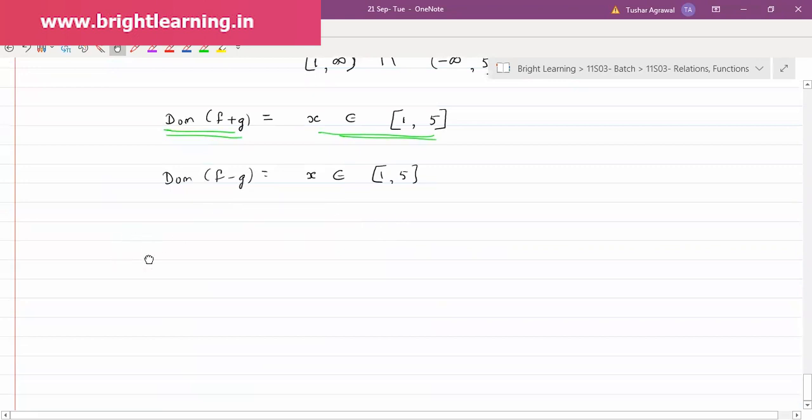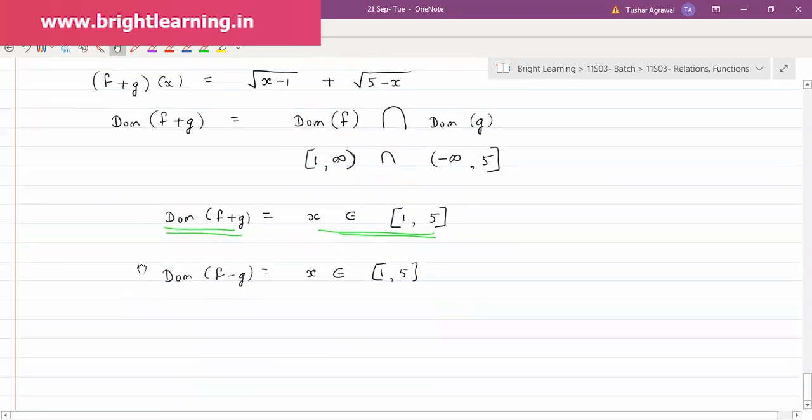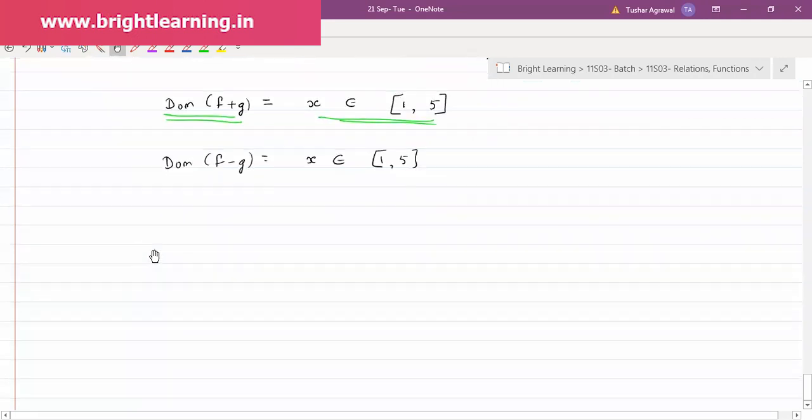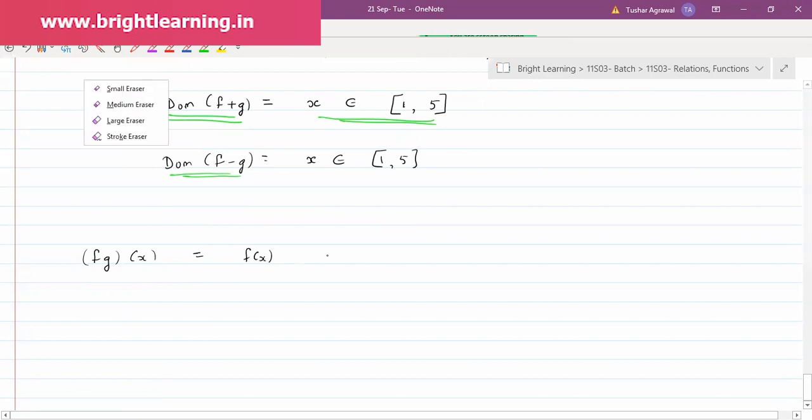Now multiplication, there is a slight difference. In multiplication, ambiguity can occur. For multiplication, fg of x, what is fg? By definition, this is equal to f of x into g of x. f of x is the square root of x minus 1, and g of x is the square root of 5 minus x.